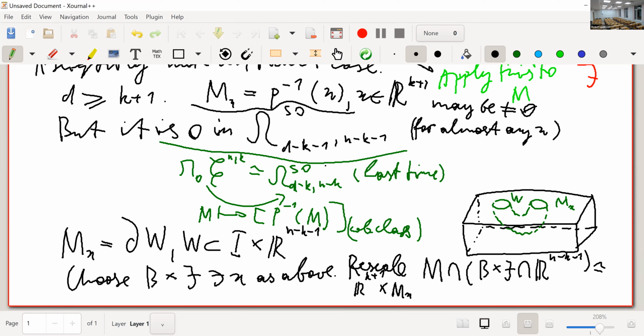Okay, so we first rescale the B factor so that in the neighborhood, or more precisely over this neighborhood, M looks like the product of the Euclidean space and Mx.